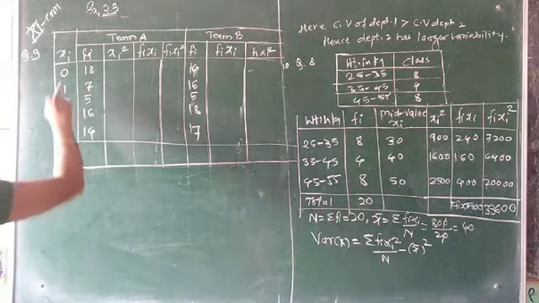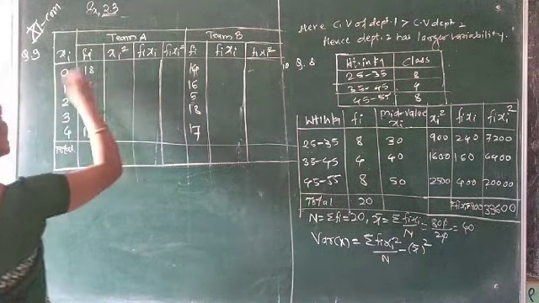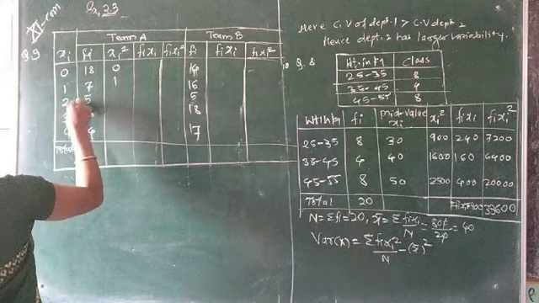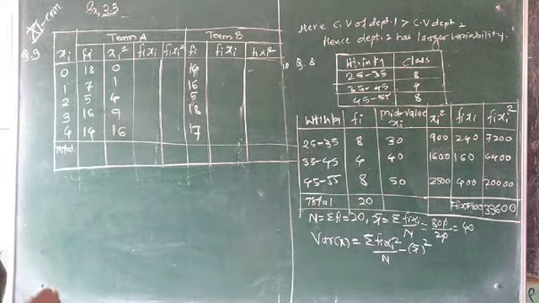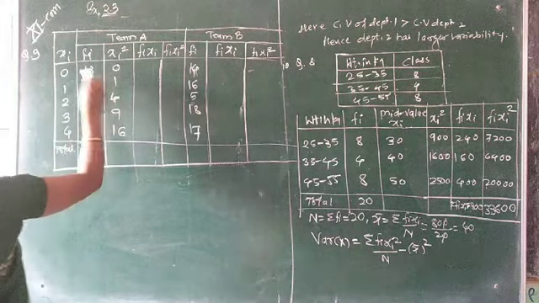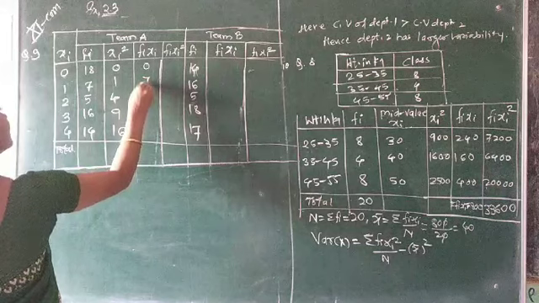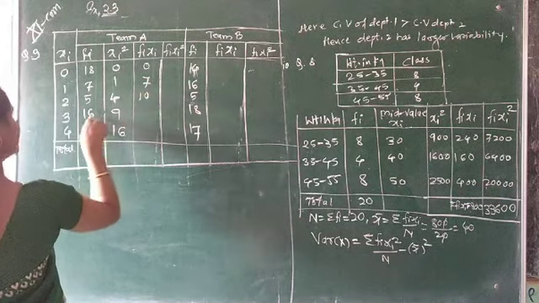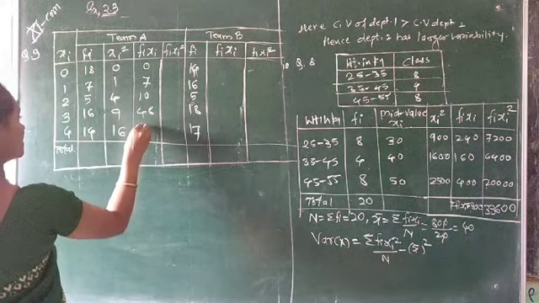Now see xi square, which we will use for both teams. 0 square is 0, 1 square is 1, 2 square is 4, 3 square is 9 and 4 square is 16. Now take the product of fi into xi: 0 18s are 0, 1 7 is 7, 2 5s are 10, 16 3s are 48 and 14 4s are 56.